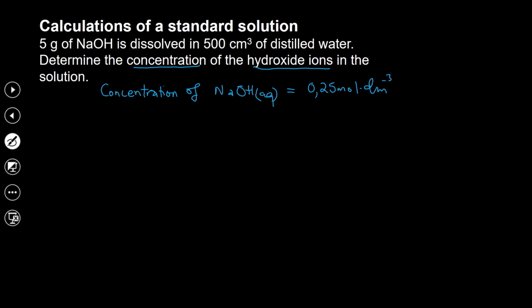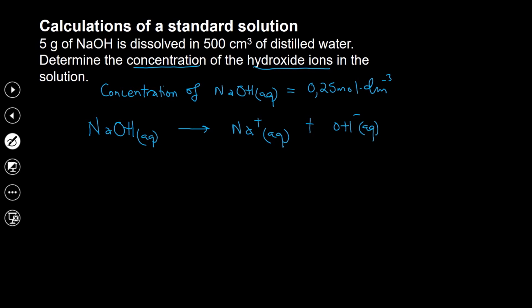Now, when this sodium hydroxide solution, in that homogeneous solution, dissociates completely, we have the sodium ions as well as the hydroxide ions. Now, this question demands that we determine the concentration of the hydroxide ions in the solution.